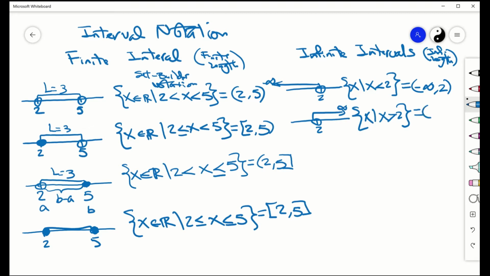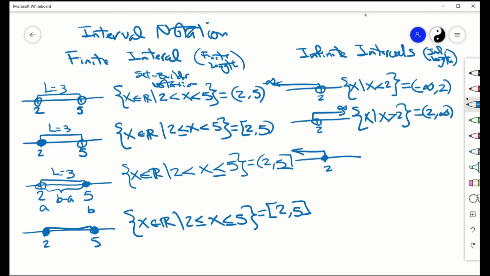So we say parenthesis 2 comma infinity. Again, you always use a parenthesis to the right of infinity or to the left of negative infinity, because you can't include those. They're not actual numbers that you can include, so you never want to put a bracket next to those.